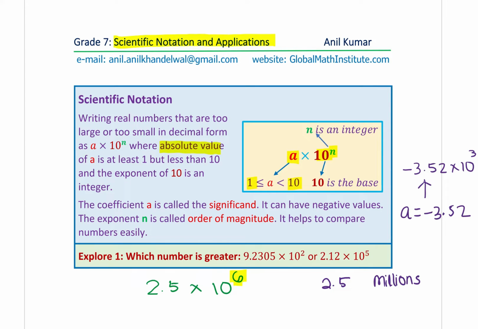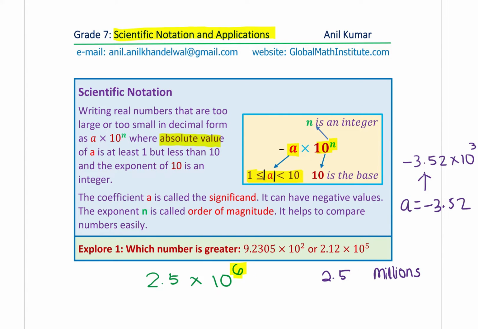So when we are defining it as between 1 and 10, we're actually restricting ourselves to the absolute value of a, correct? So that is how you have to look into it. So generally we just say that a is greater than or equal to 1 and less than 10. And if it is a negative number, we can always write a negative sign before it, right? So that is another way of looking into it. However, it's kind of important to understand all these differences. So I hope now it is absolutely clear.